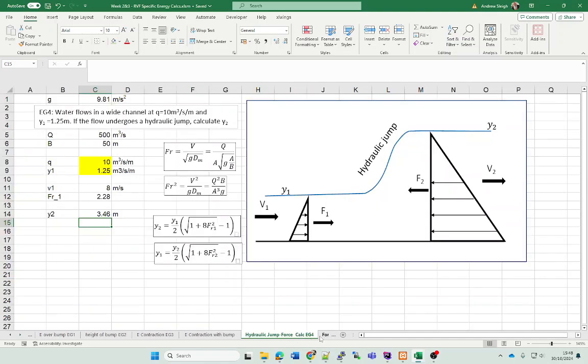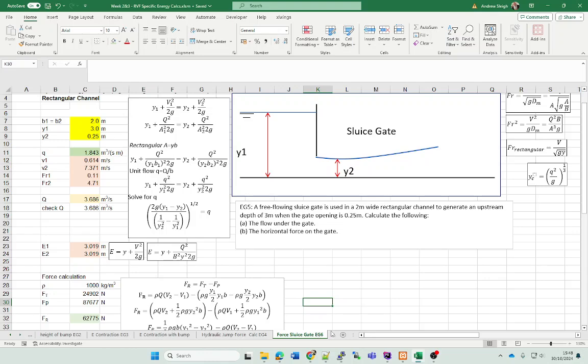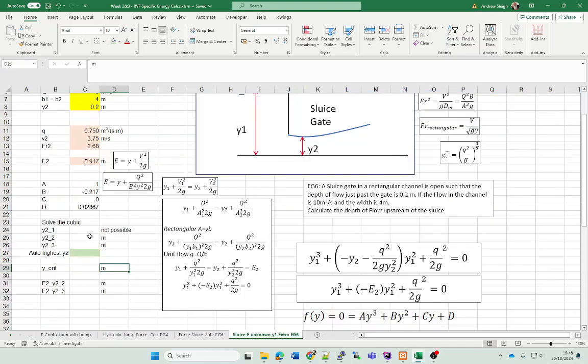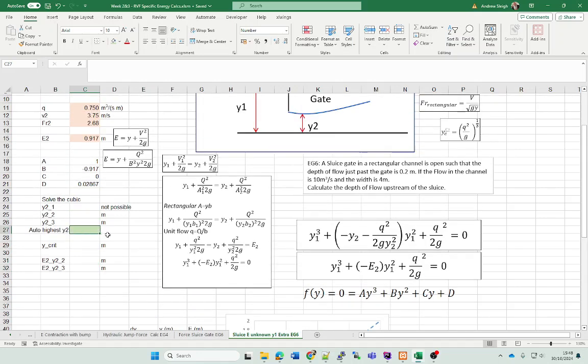Let's go back to the sheet that we're calculating here, the extension. I haven't got the calculation function in there, and I can't remember what this function was called.